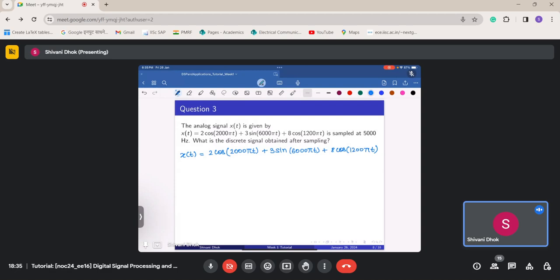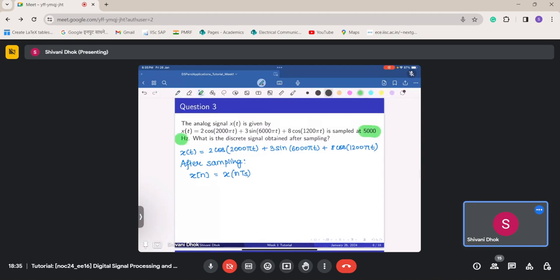And when we are sampling it, after sampling we have x[n]. And how do we define this x[n]? This x[n] is simply x(n Ts). But do we have Ts? No. Instead of Ts, we have the sampling frequency.